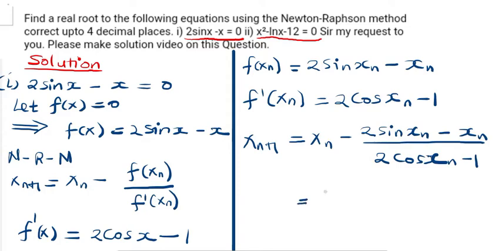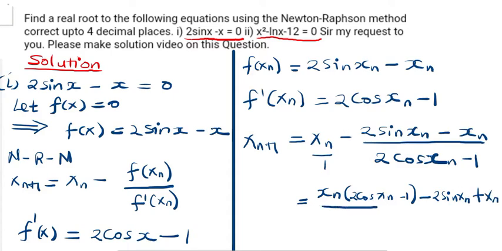Next step is the LCM, because this x_n is over 1. LCM here, you have x_n into bracket (2 cos x_n minus 1) minus, opening brackets here, this will be (2 sine x_n minus x_n), everything over 2 cos x_n minus 1.